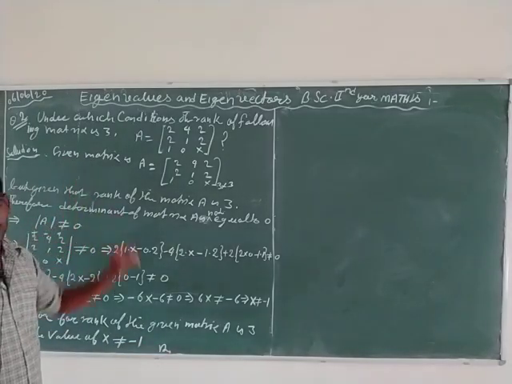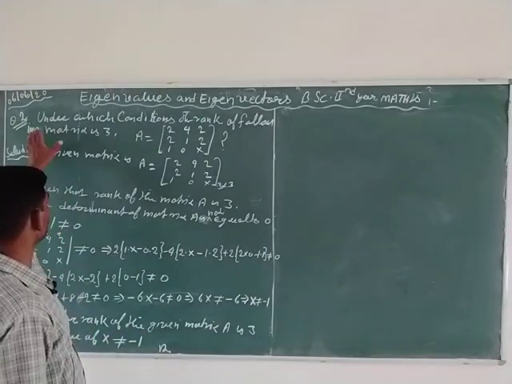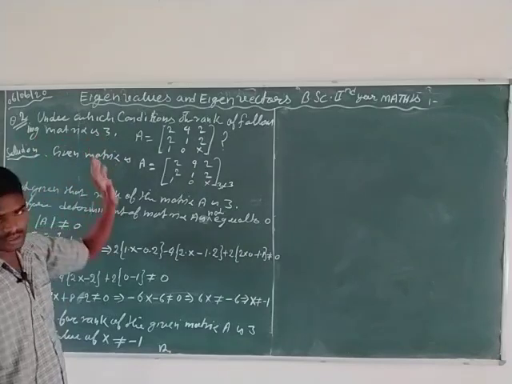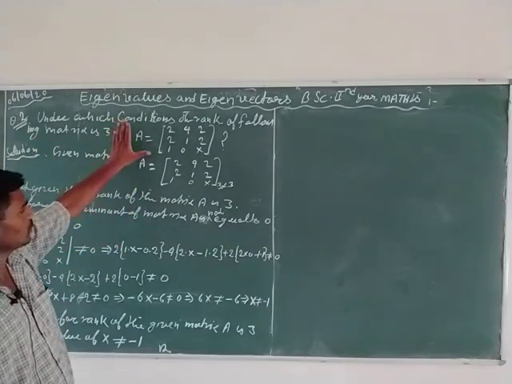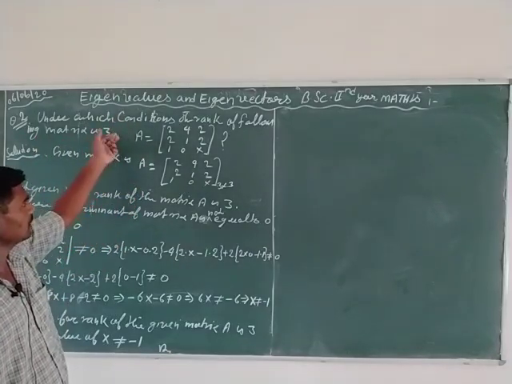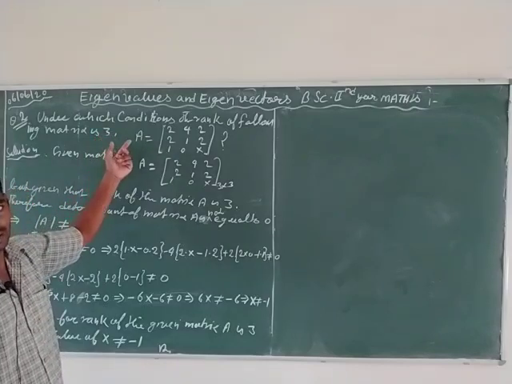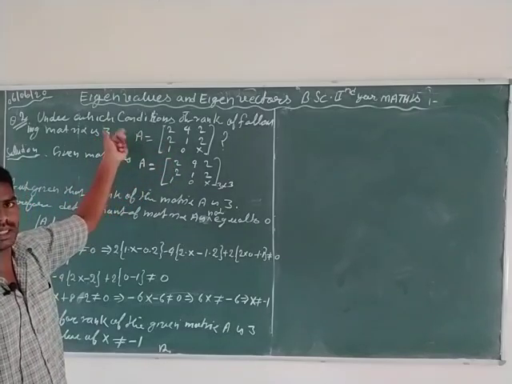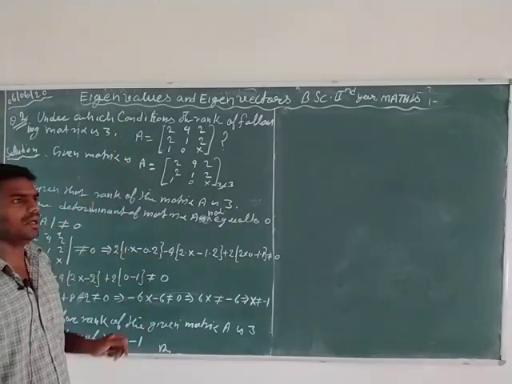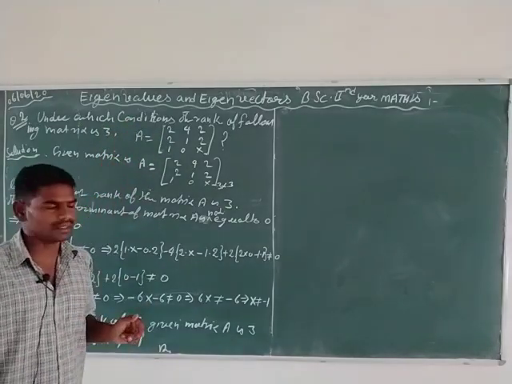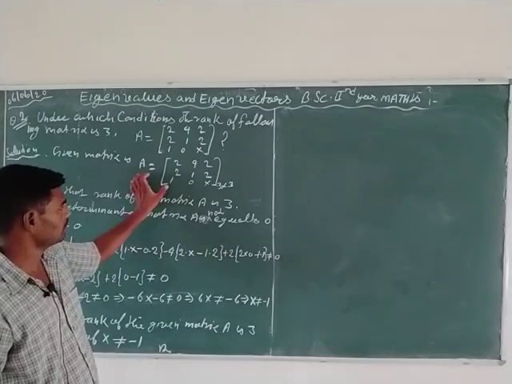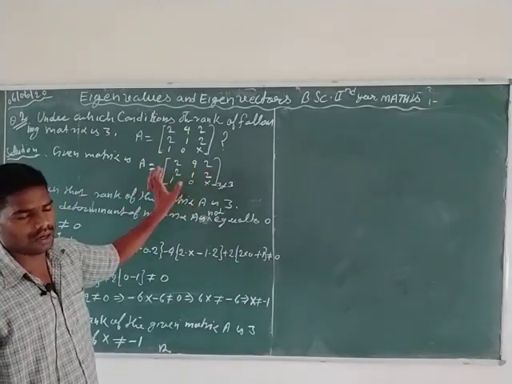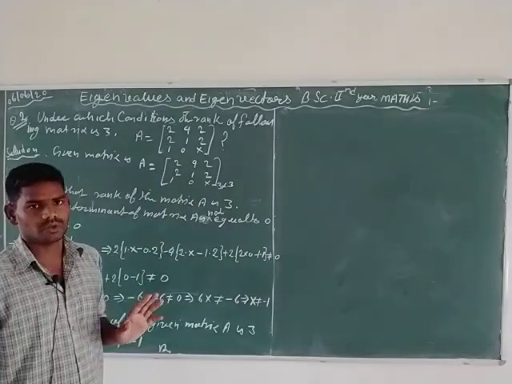So please do one revision of this question. Under which condition is the rank of the following matrix 3? In this question the rank of the matrix is 3. What is the value of x for which the rank of the given matrix capital A is 3? According to the rules of rank of a matrix, if the rank of this matrix is equal to 3, then the determinant of 3 by 3 order of this matrix should be not equal to 0.